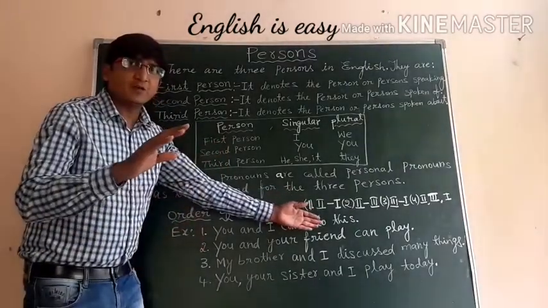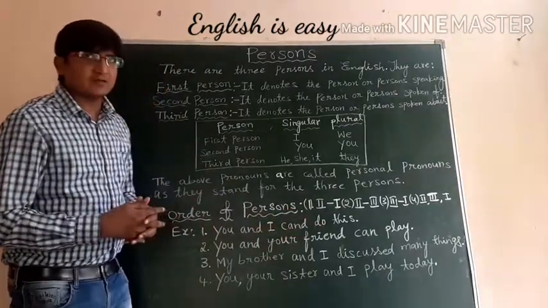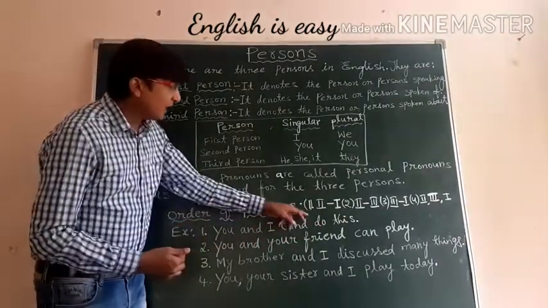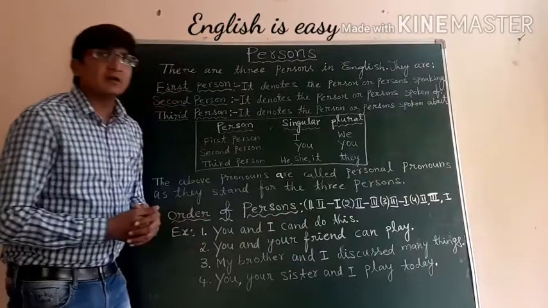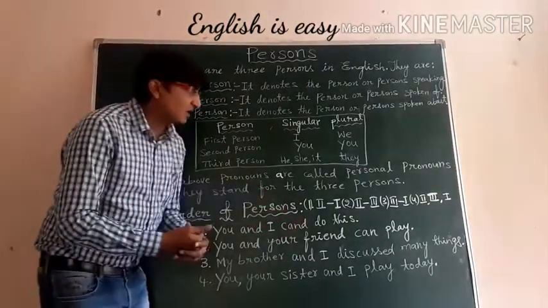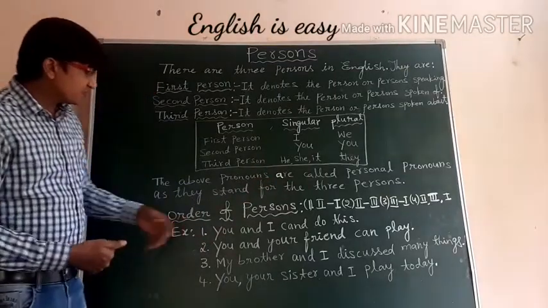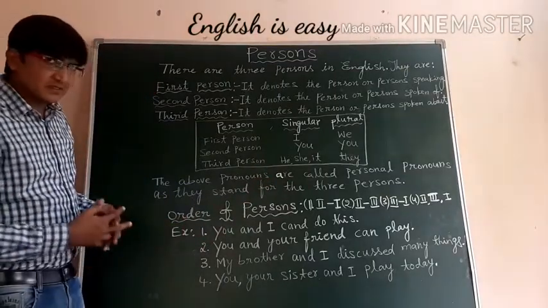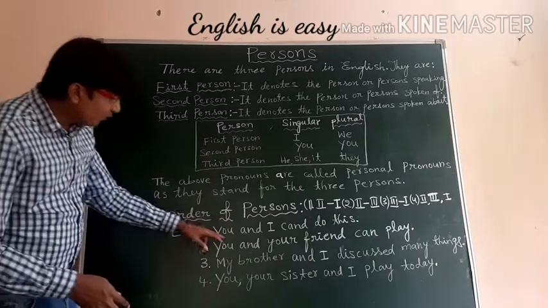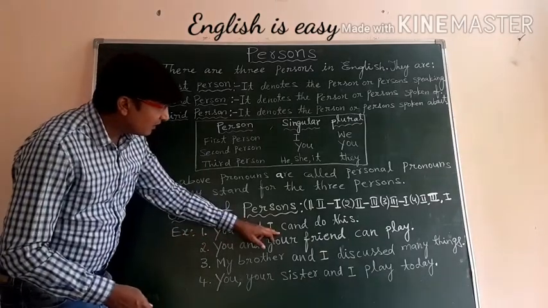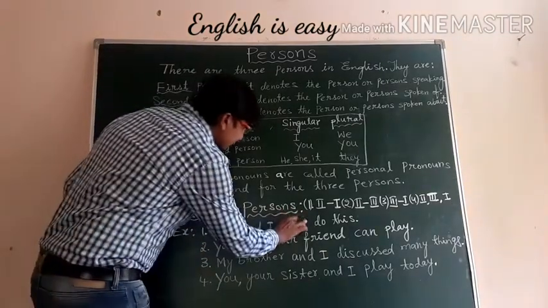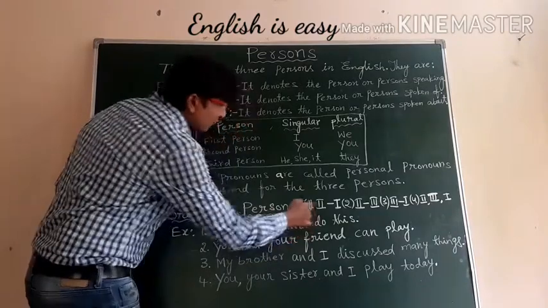No, no, my dear friends, it's not like that. There is an order in how these pronouns are used. Based on this, I have given examples here. In the first example, we can read, you and I can do this.